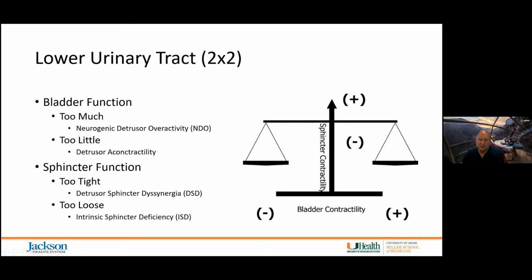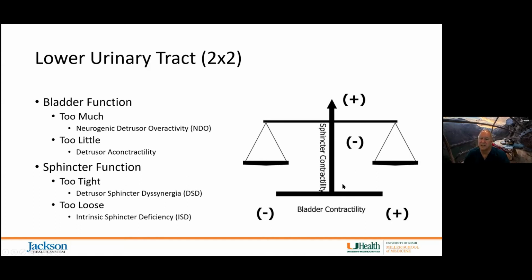So what I'm going to do is provide a graph, if you will, that looks like this, where we're going to be looking at bladder contractility on the x-axis with low contractility on the left side of this and high contractility on the right side of it. And then we're going to look at sphincter contractility on the y-axis.